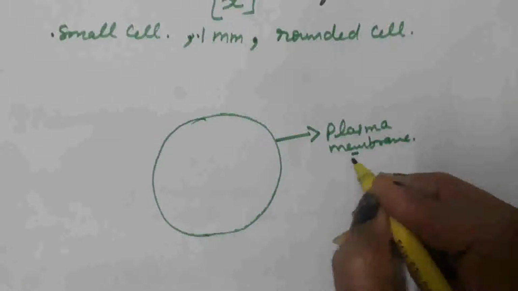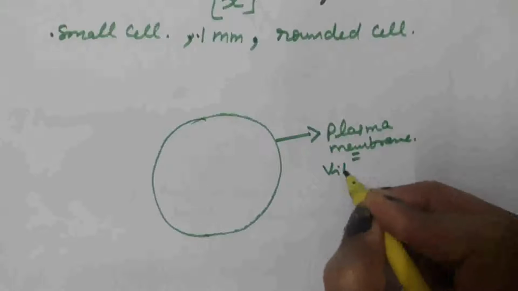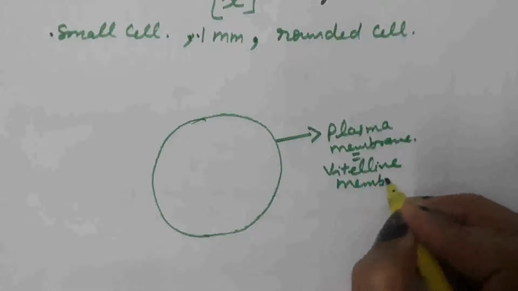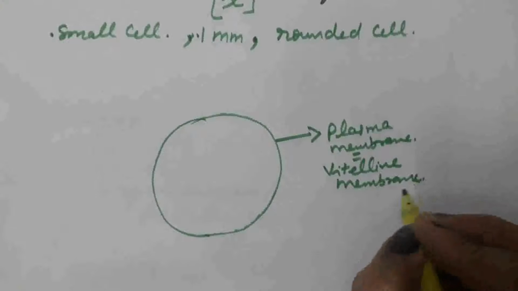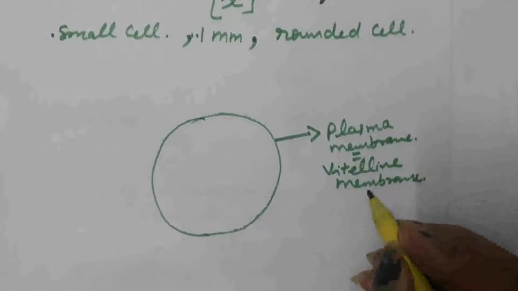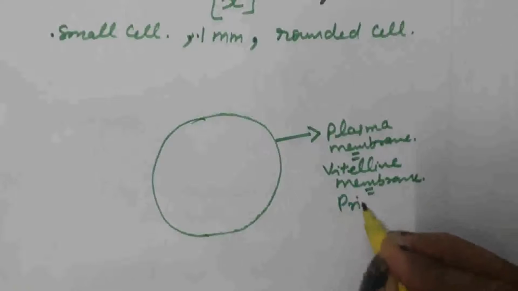We also call it the vitelline membrane, which is secreted by the egg cell itself. So we also call it the primary membrane.